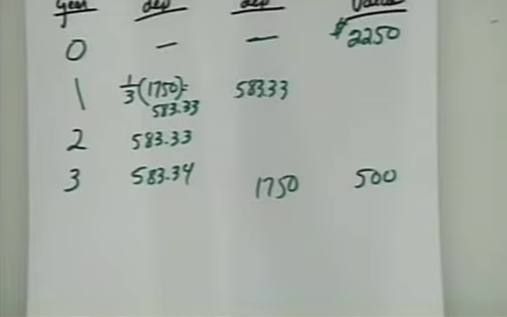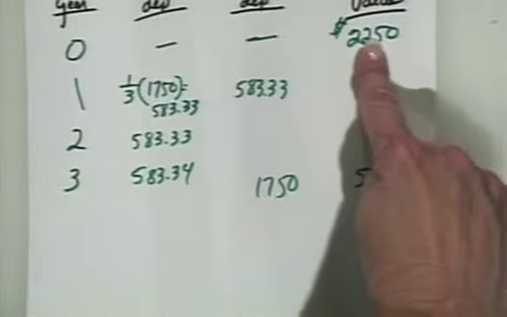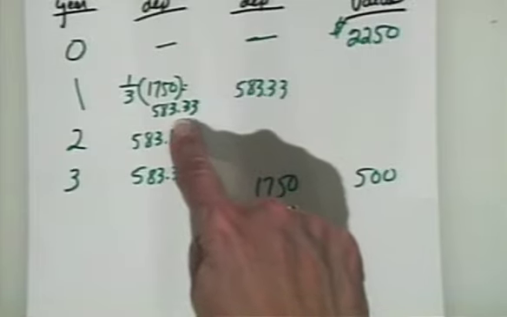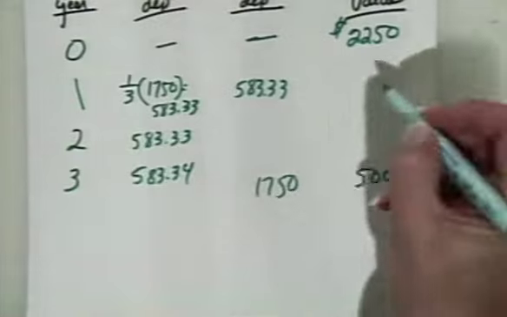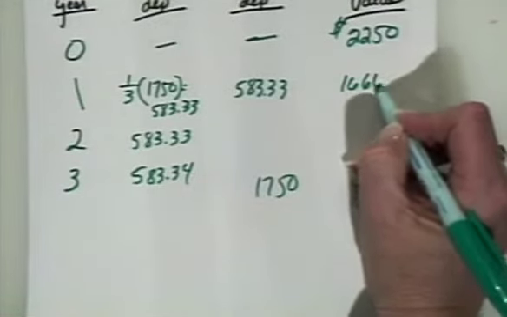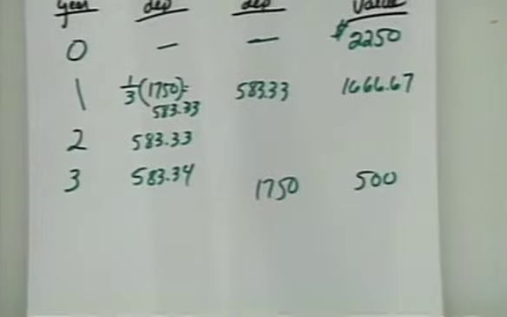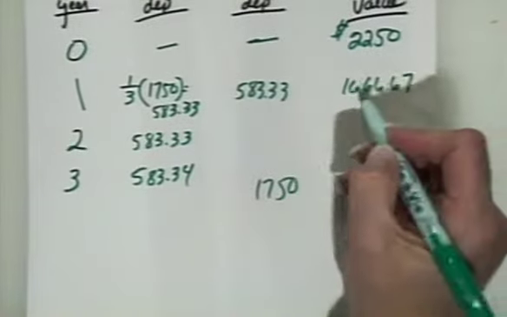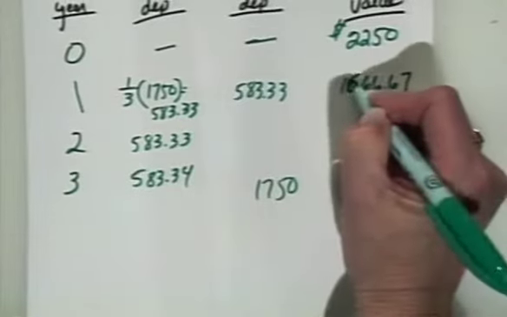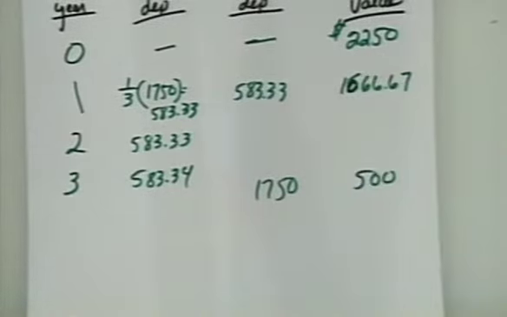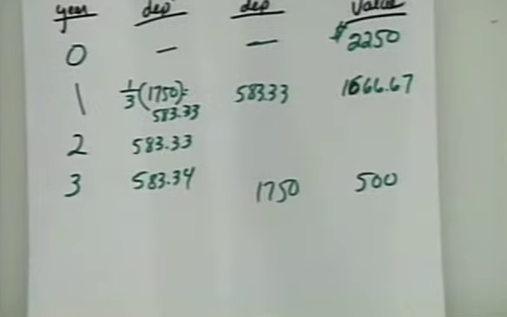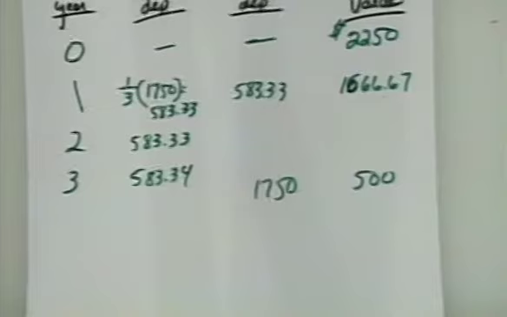At the end of year 1, you take the original cost, subtract the depreciation for this year, $1,666.67. There you go. So second year's depreciation, since it's straight line, is 583.33, yes?